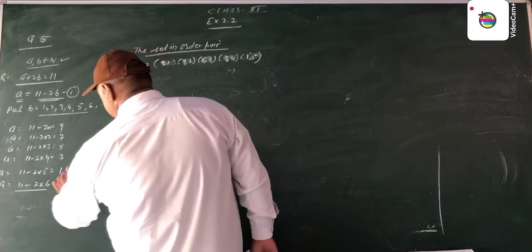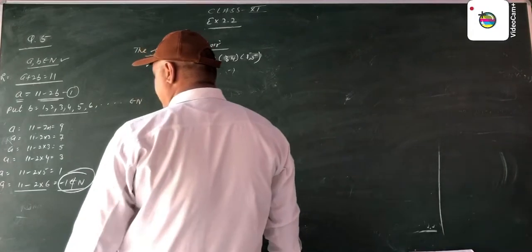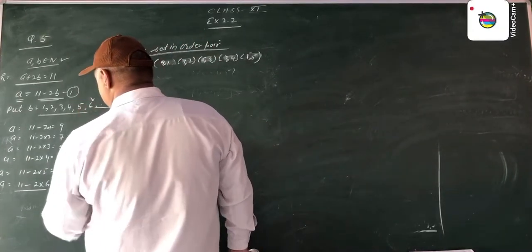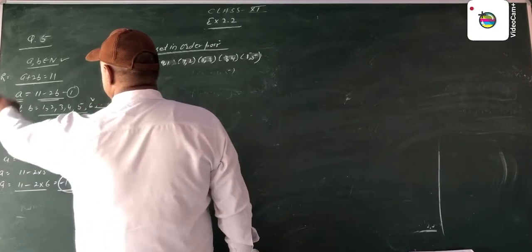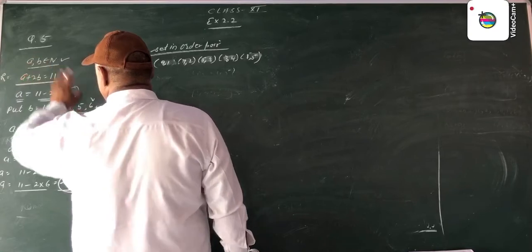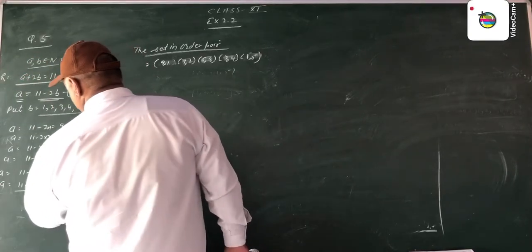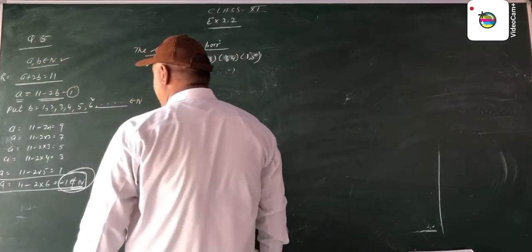But minus 1 does not belong to the natural numbers. After this, the values 6, 7, 8 also do not belong to the natural numbers. But the given relation requires A and B to be natural numbers, so this A does not belong to the natural numbers, and we do not take this value in R.